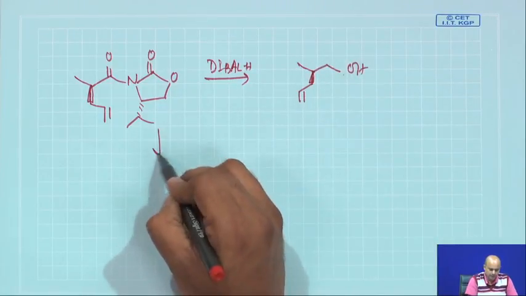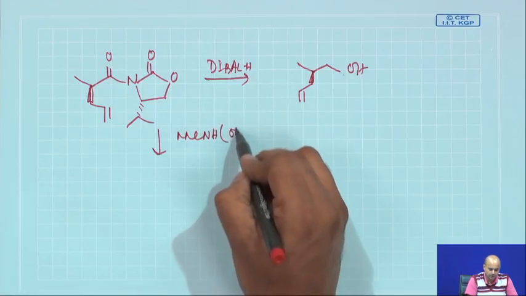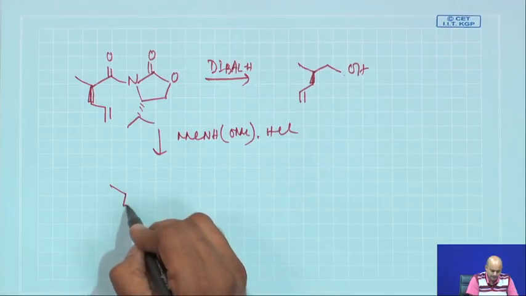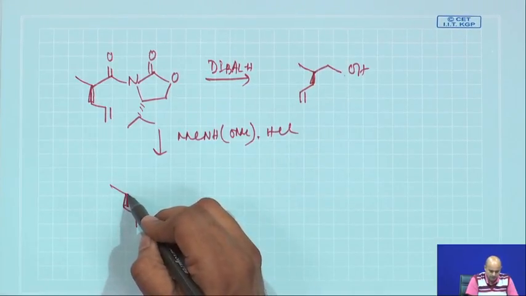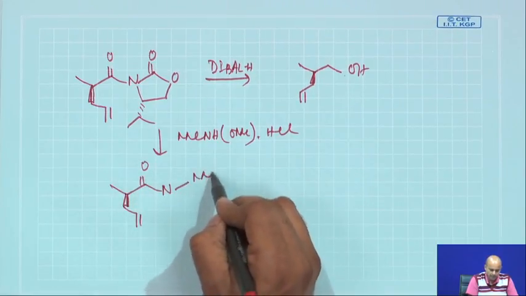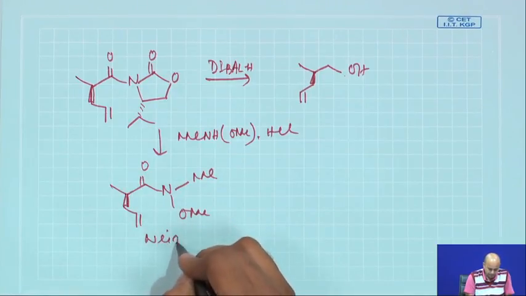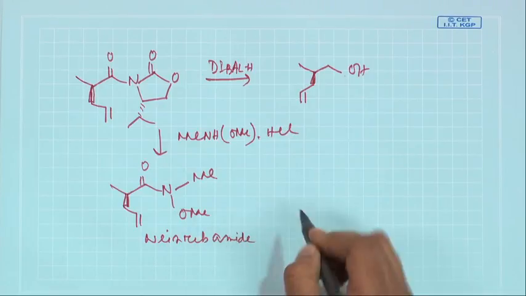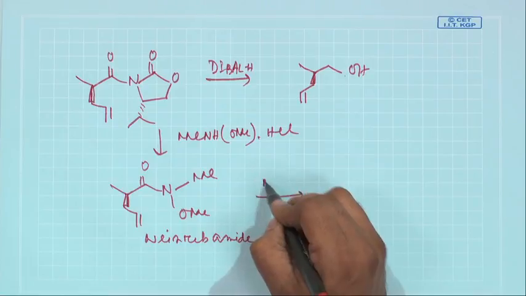Now, I said you can basically cleave it with the Weinreb amine like MeNHOMe HCl salt, and then this will basically undergo a transamidation kind of reaction, and it will give you N-Me, what is this? Your Weinreb amide.